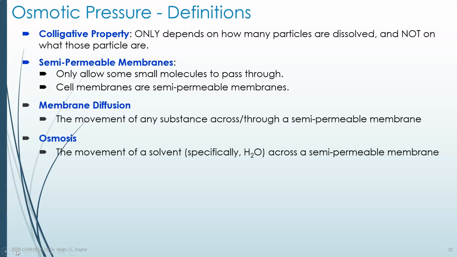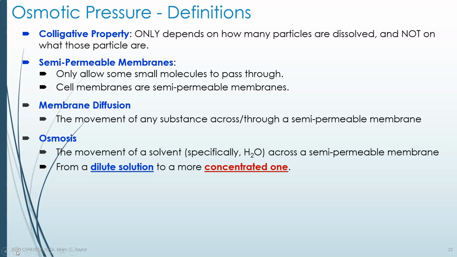For your purposes, the vast majority of the time we'll be talking only about water as a solvent when we're talking about osmosis. The water doesn't travel in just one direction. It can go back and forth, but it will favor going from the dilute side to the more concentrated side.